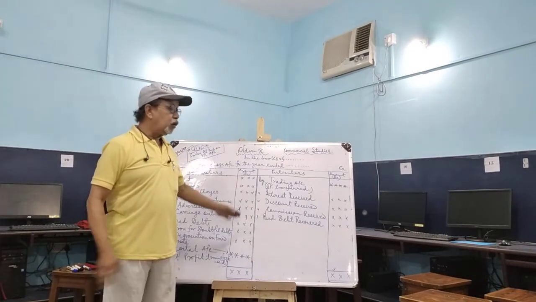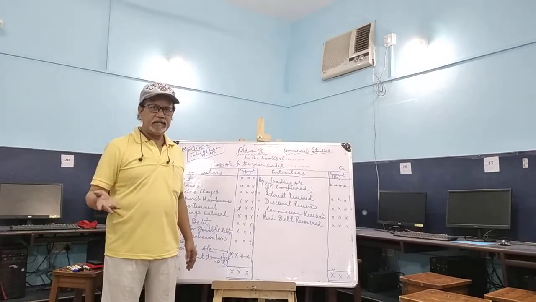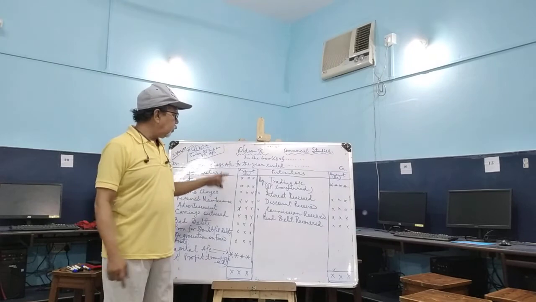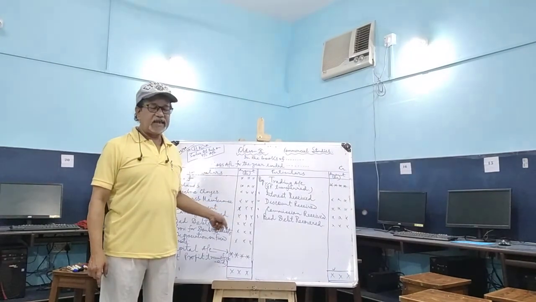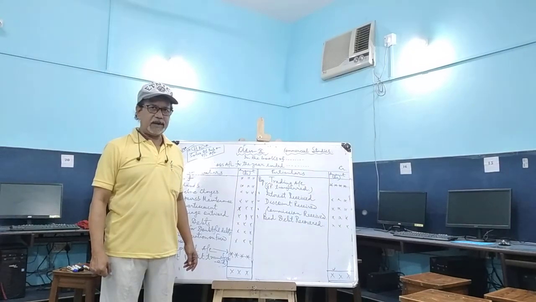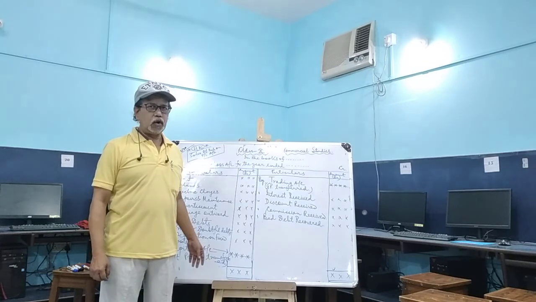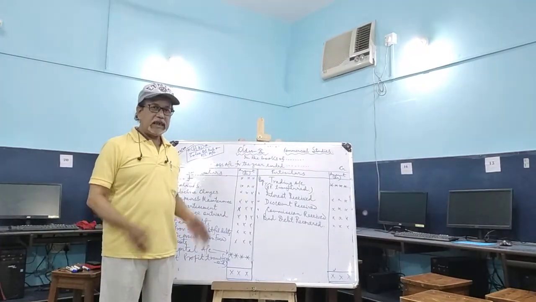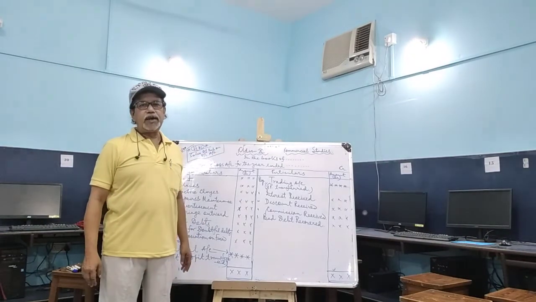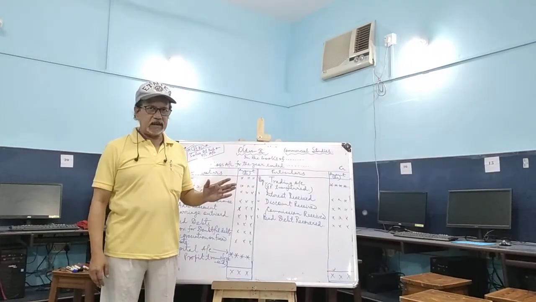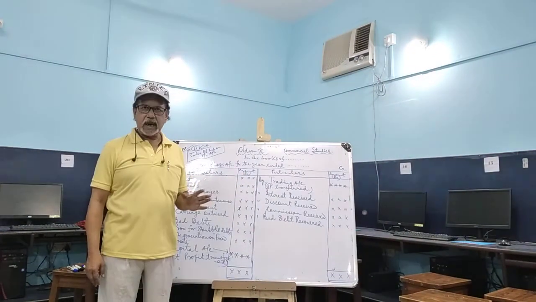What we'll do? We'll go to the third step. What is the third step? On the first day I told you, the third step is preparation of a balance sheet, that is a financial statement. There we will show how this amount of net profit is recorded in capital account. That is another part. Third part, that is a statement, not an account.